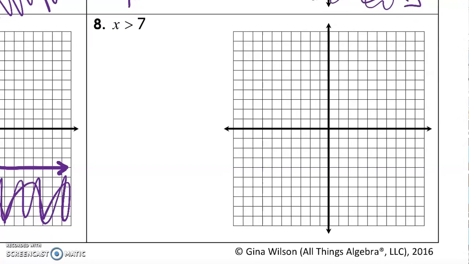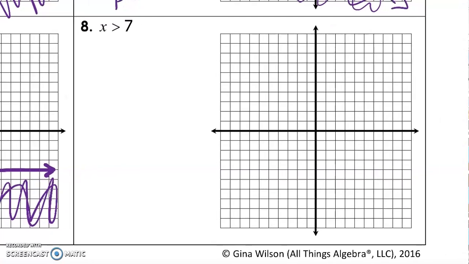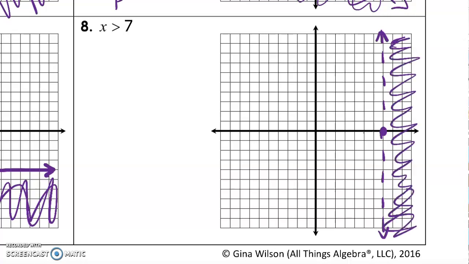Number 8, I have x is greater than 7, so I would go right 7, put my dot, and draw straight up and down with a dashed line. Greater than would be to the right. So now we don't have above or below. When you have x equals, you're going to have to go right or left. Greater than 7 would be to the right.